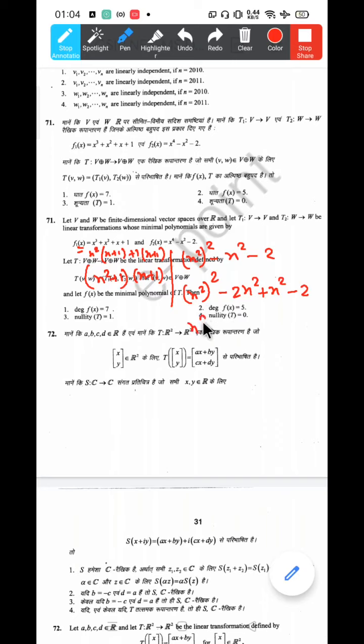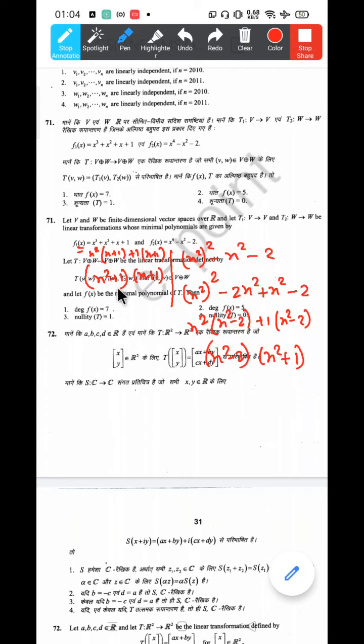Take x square outside, this will be x square minus 2 plus 1, so x square minus 2. So this will be x square minus 2 into x square plus 1. Can you see that x square plus 1 is in both cases?